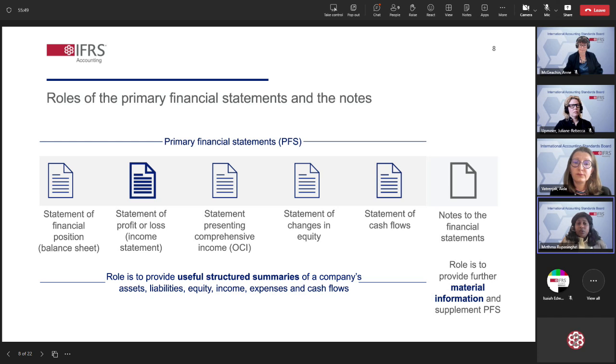And it is worth noting that IFRS 18 requires clear linkage between information presented in the primary financial statements and related information in the notes, going both ways, so an investor can see where to find more information in the notes about an amount presented in the primary financial statements, and where amounts disclosed in the notes are included in line items in the primary financial statements.